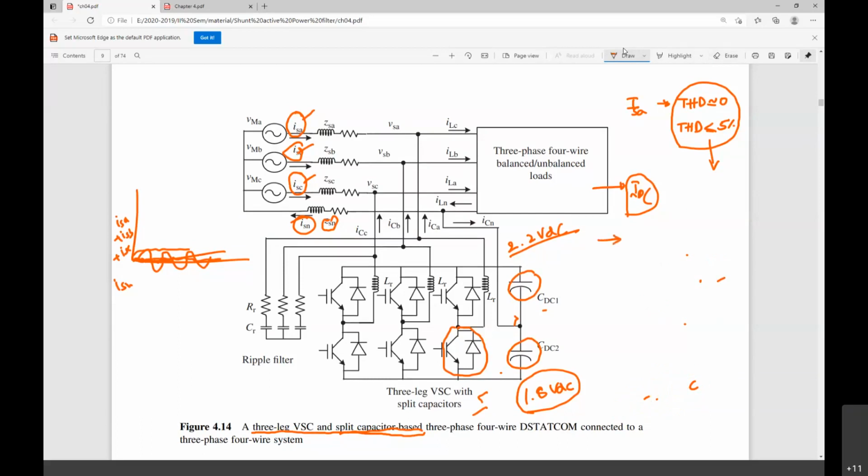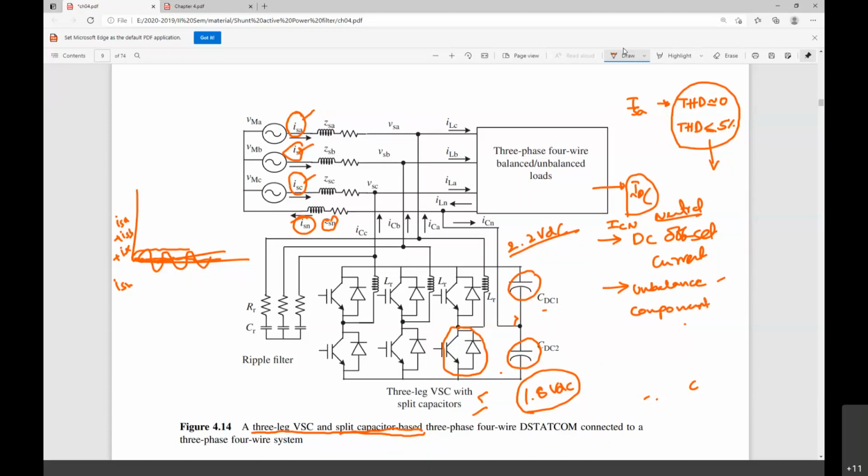One thing is the DC offset current, which is present in the neutral ICL, that is a neutral component of the current. And also, the current flowing through the neutral is the unbalanced component of the current.